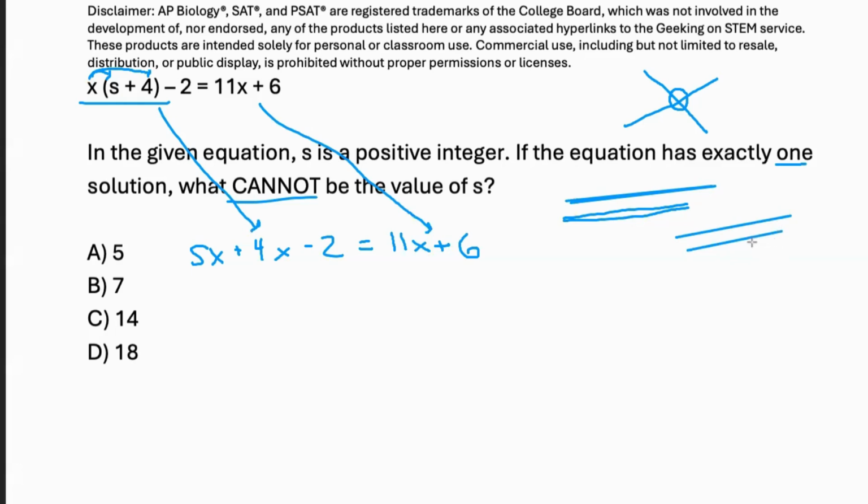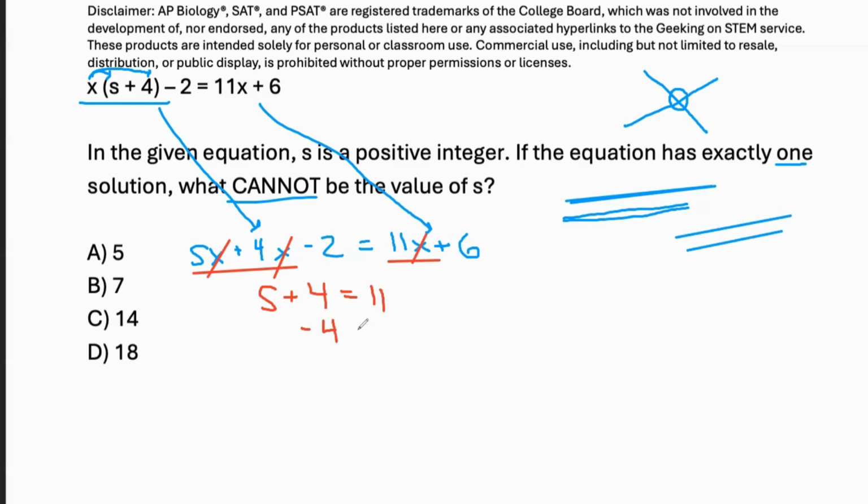So in this problem, on the left-hand side, we understand that 7x plus 4x is equivalent to 11x. Because we know that this is the case, we can take out the value of x on the left side and on the right side and set them equal to each other. So essentially what we'll have is s plus 4 equals 11.